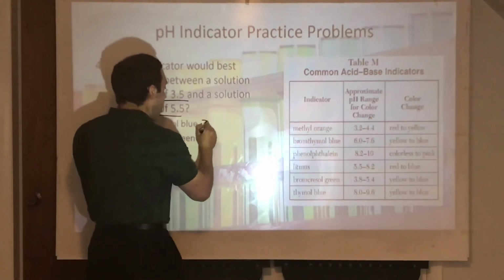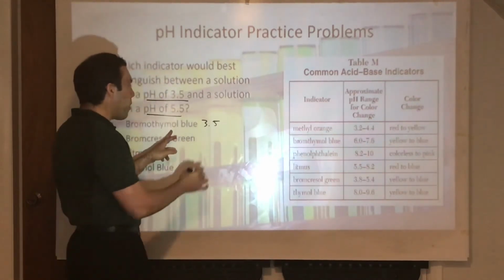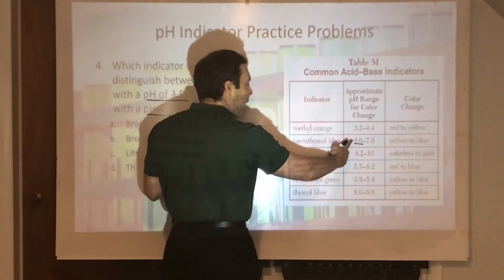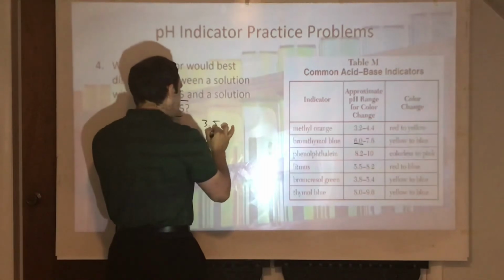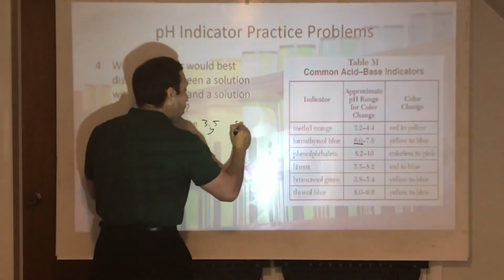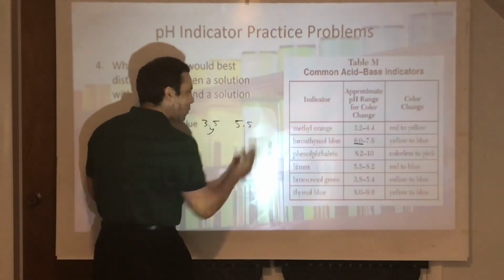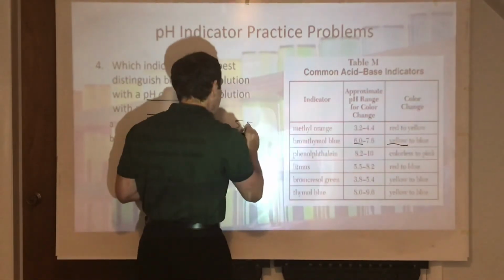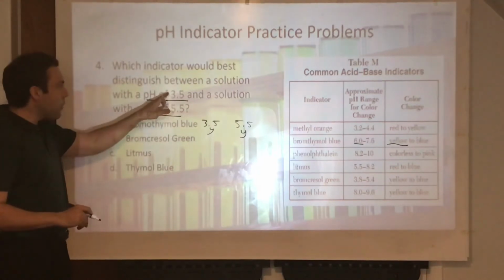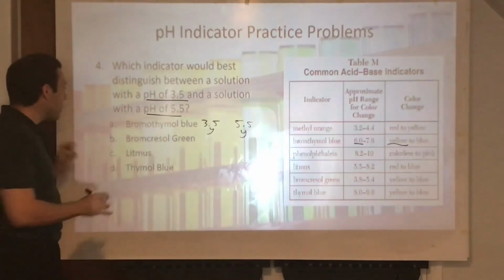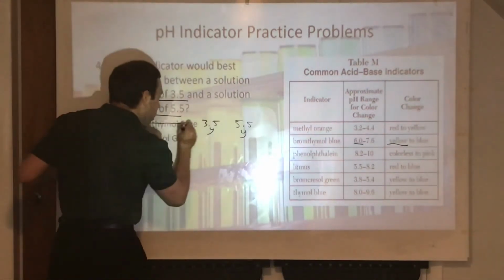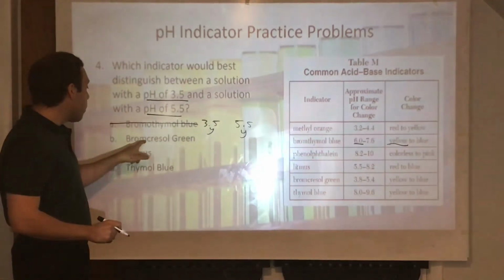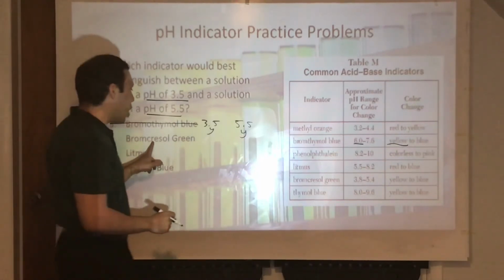So at 3.5, 3.5 is less than 6.0, so it'll be yellow. And at 5.5, also less than 6.0, it'll also be yellow. So going from 3.5 to 5.5, bromothymol blue doesn't change, so it would not be a good indicator for that range.